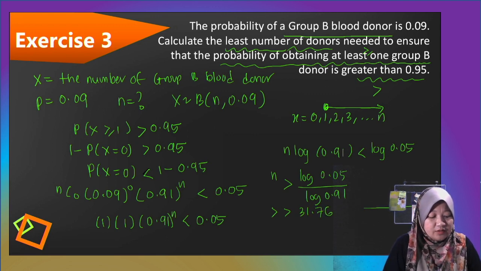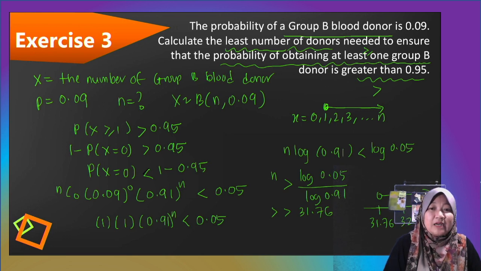Okay, so this one is N greater than 31.76. We know that N is about the number of donor. Donor adalah orang. Jadi N mestilah nombor bulat.